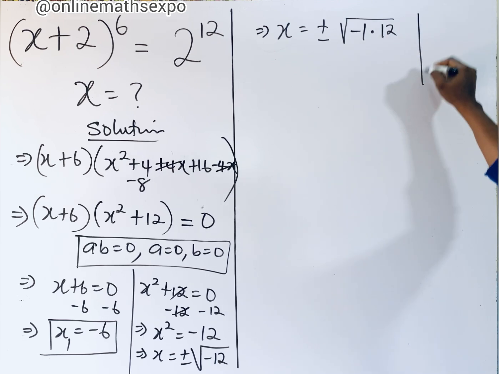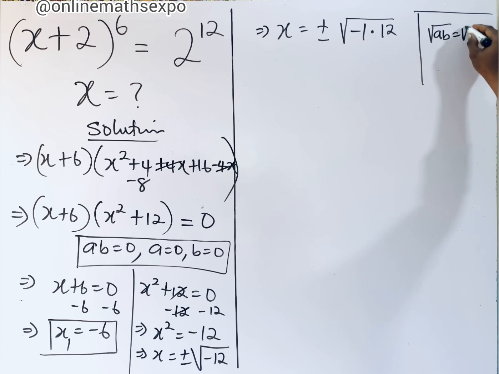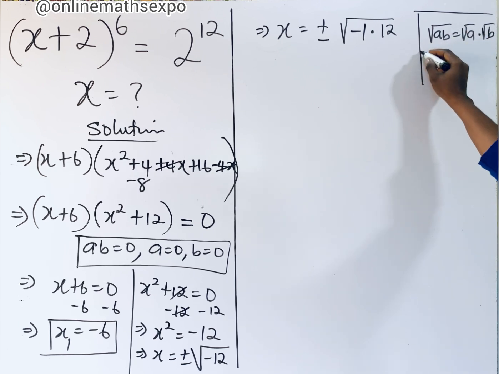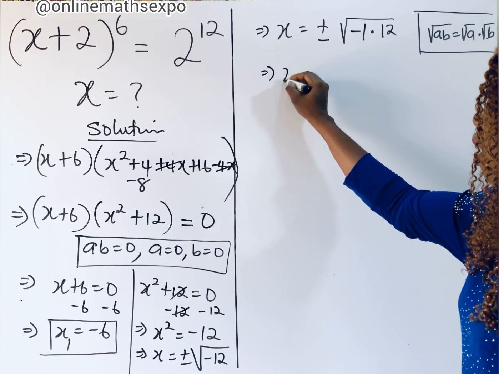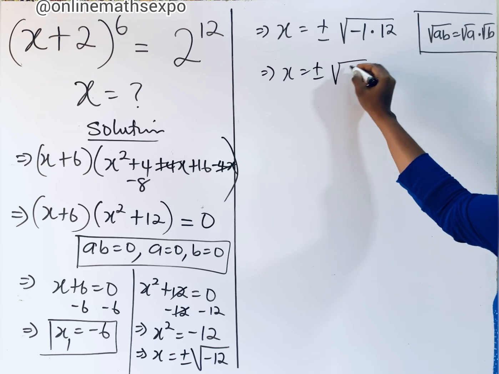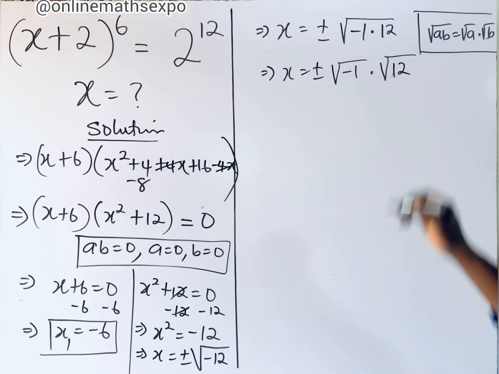Now use your rule of radicals. When you have square root of ab multiplied, it is equal to square root of a times square root of b. So let this be a guide. In that case, x is equal to plus or minus square root of negative 1 multiplied by square root of 12.